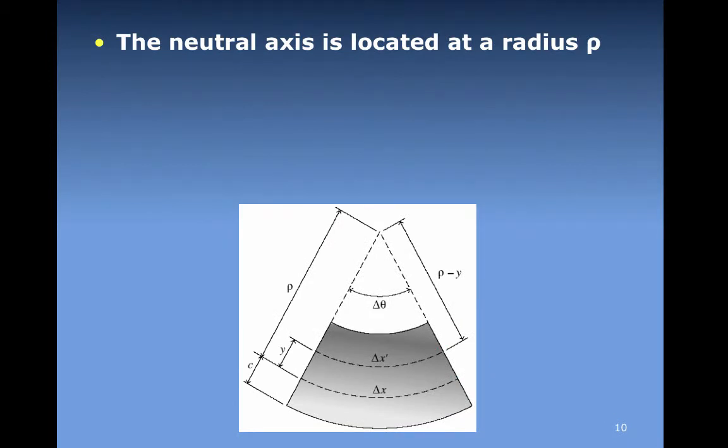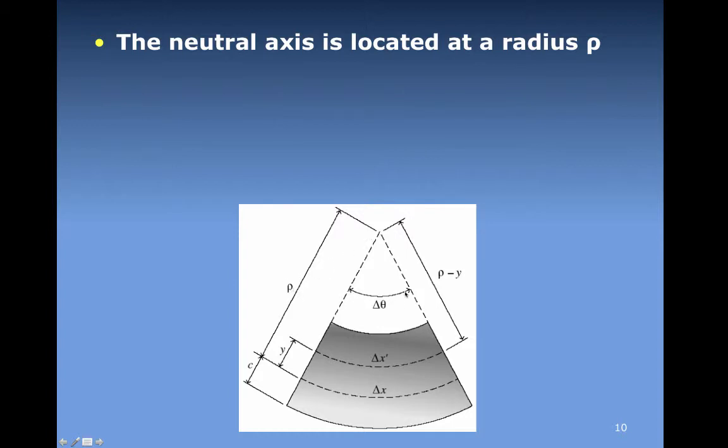We often use a nomenclature to describe the curvature that appears in beam bending. Once again, if we start with a reference rectangular beam cross-section, and this rectangular cross-section forms an arc as shown here, this arc can be described by a radius of curvature denoted by rho in this diagram.